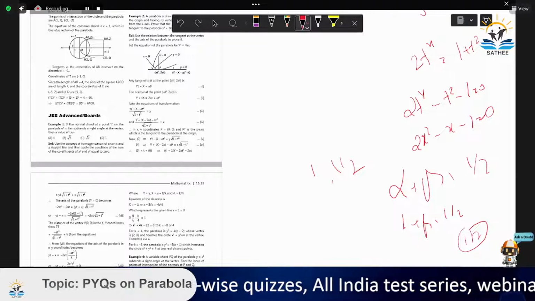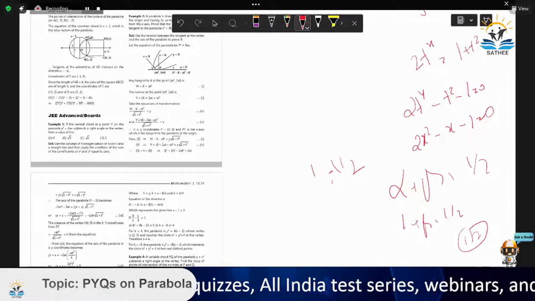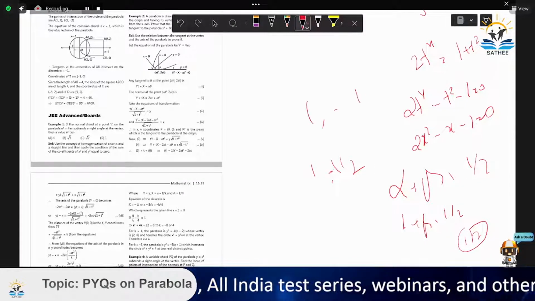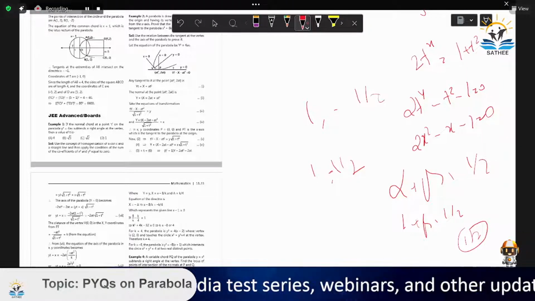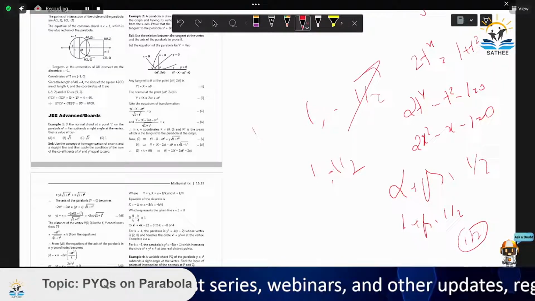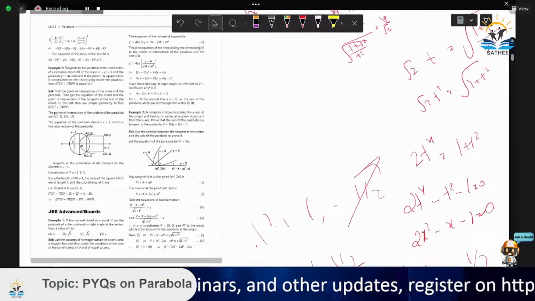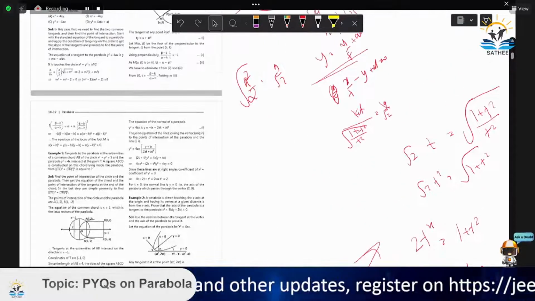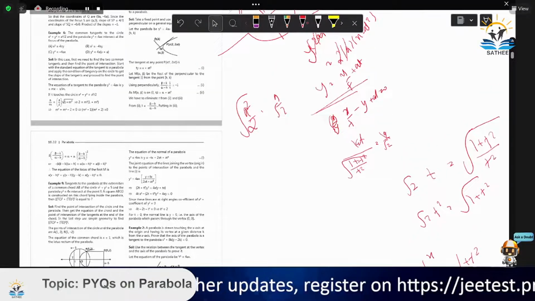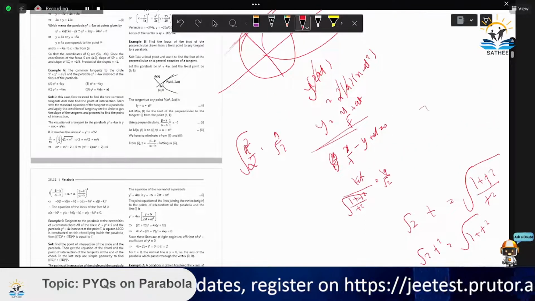So it would be minus half. And the product would be yes. So we have two roots, 1 and minus 1 by half. So T square cannot be minus 1.5, right? So T square has to be 1 and T becomes plus minus 1. So the two tangents that we have have a slope of plus minus 1.